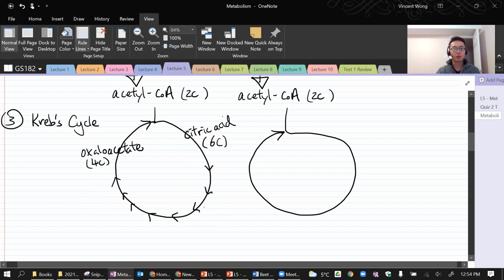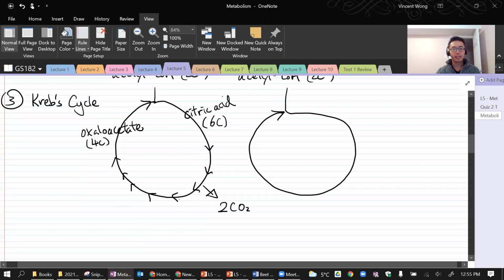What you do have to know is you will be releasing 2 carbon dioxide, and you will be releasing electrons, and those will be captured by 3 NADH and 1 FADH2. And at the same time, you will also be producing 1 ATP.